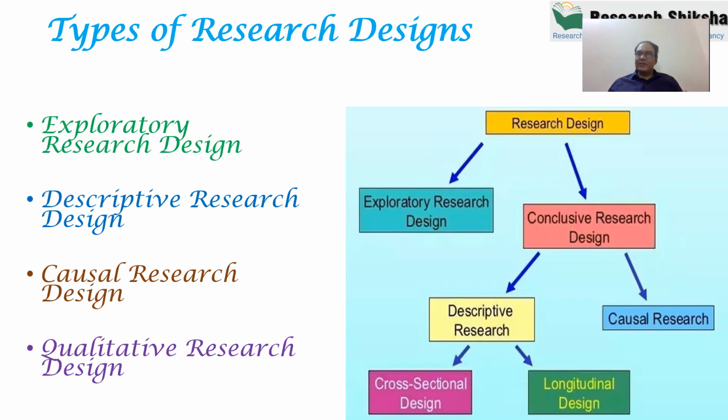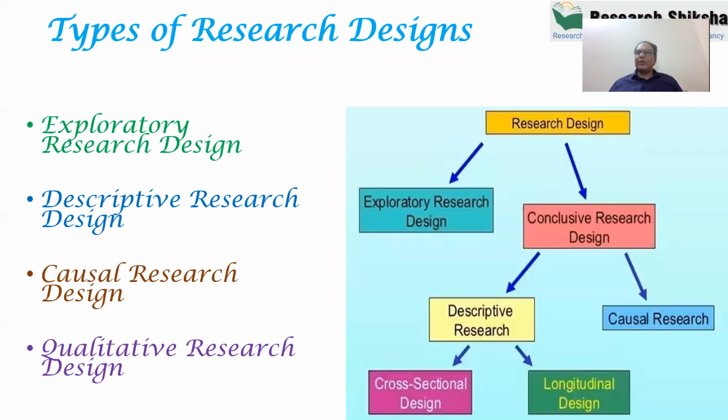Now in conclusive research design, again we have 2 different types, the descriptive research and the causal research. In descriptive research design, we find out the solution of the research questions with the help of data. It may be longitudinal and it may be cross-sectional. And in causal research, we conduct an experiment and find out the relationship between the experiment and the outcome.